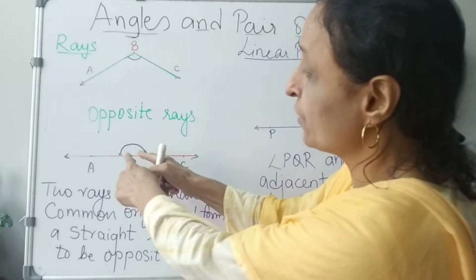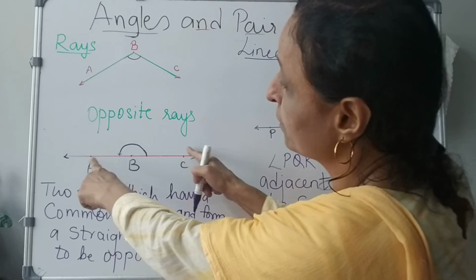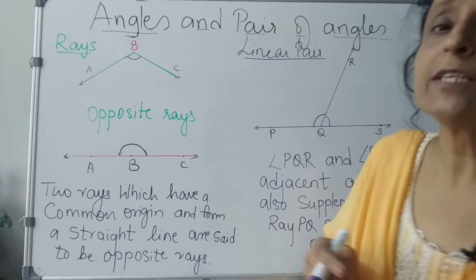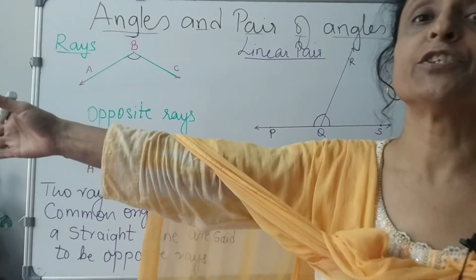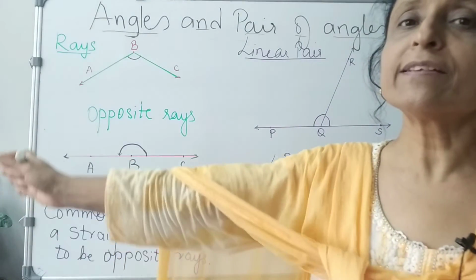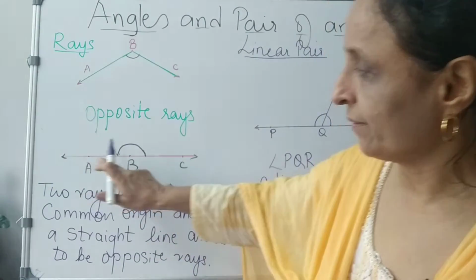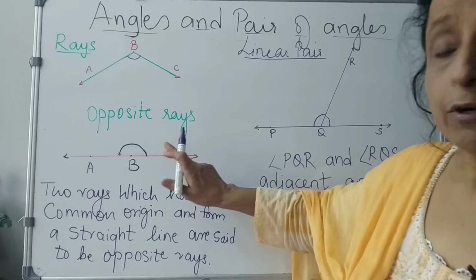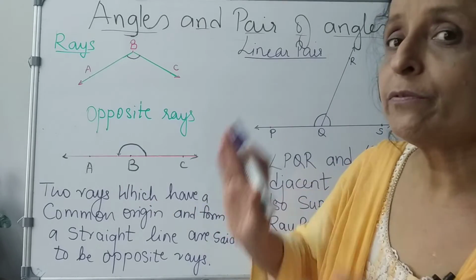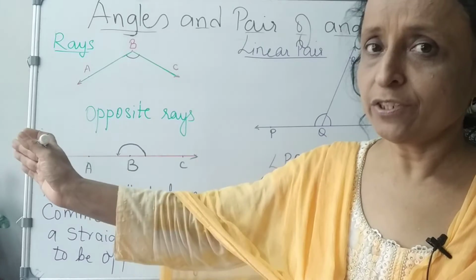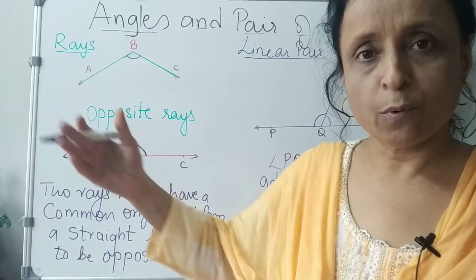So now these rays are opposite, with a common point of origin, and now they have formed a line, because a line means both directions. So these two rays have become one, that is, they have formed one line. I hope you have understood this concept. It is very simple. Rays show direction, a line goes in both directions.